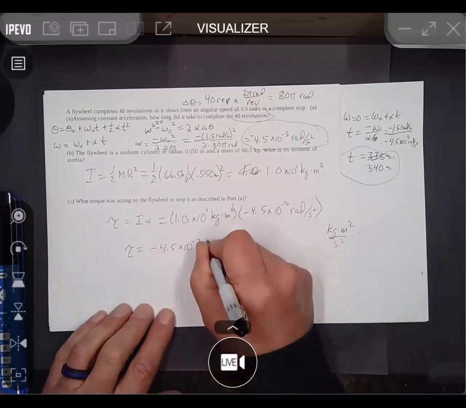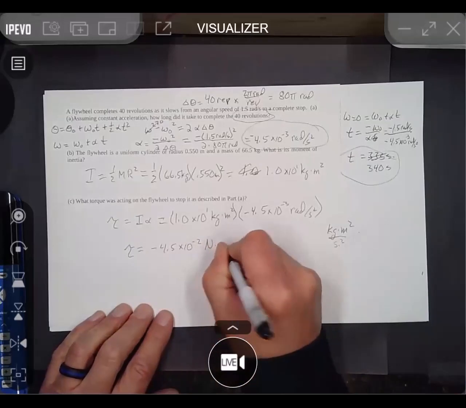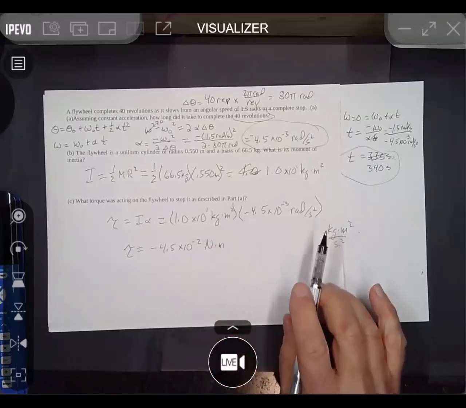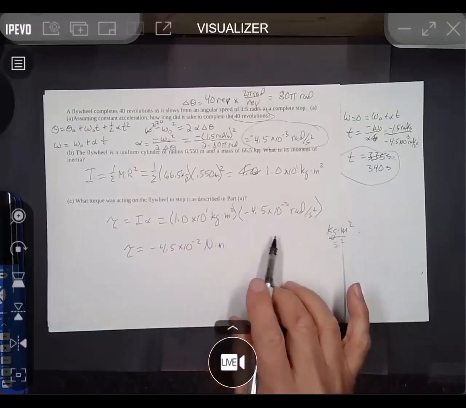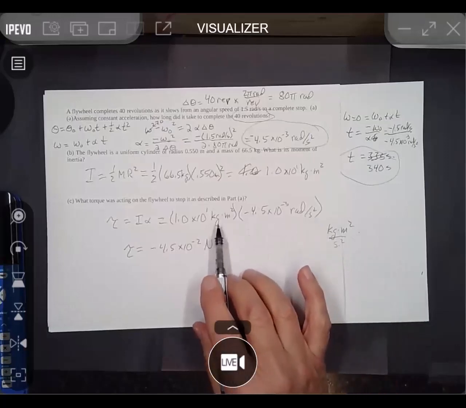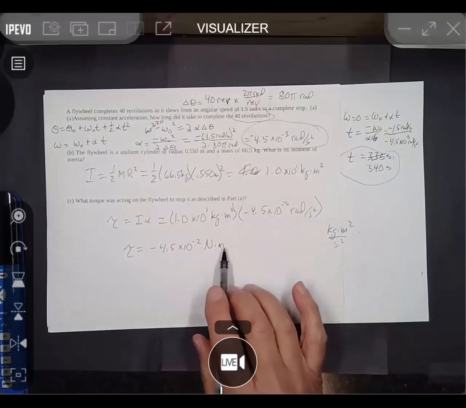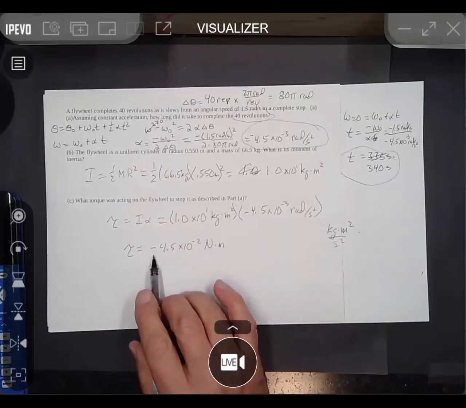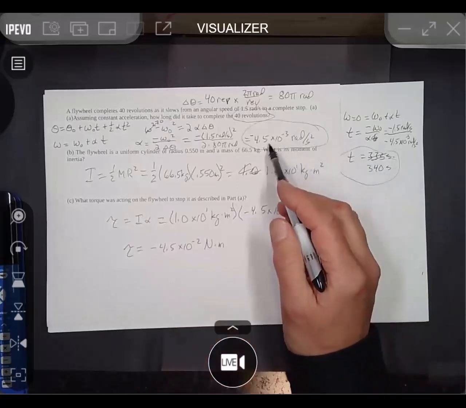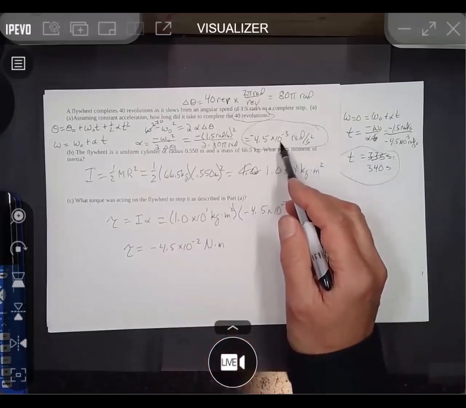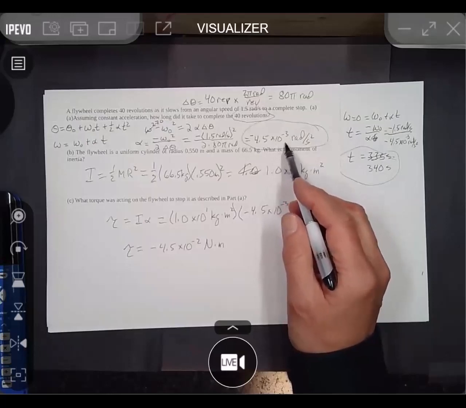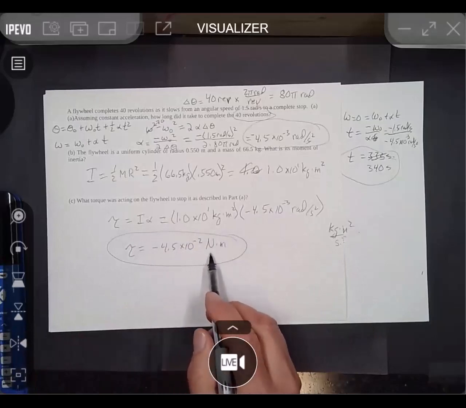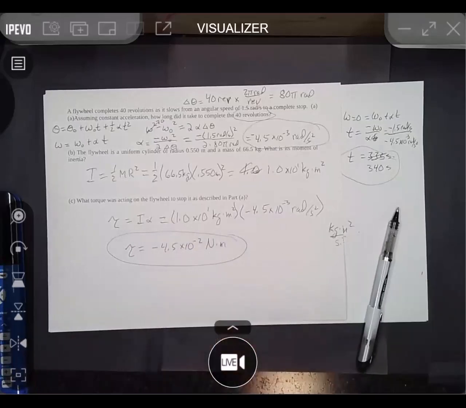That's the way that we write torques, as Newton meters. But you should always check, before you start monkeying with it, that you've got kilogram meter squared per second squared, which you can then write as a Newton meter. And we have a minus sign because we got a negative angular acceleration slowing that thing down. But the magnitude would just be 4.5 times 10 to the minus 2 Newton meters.